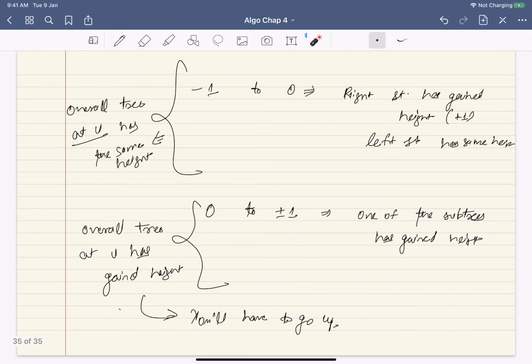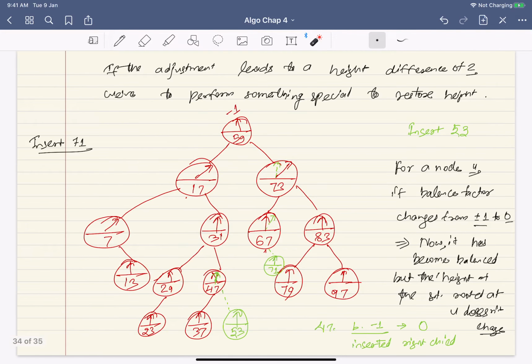As I have understood, if it goes from minus 1 to 0 or plus 1 to 0, then one of the subtrees has gained height, but overall the tree rooted at that node has not gained height. So that means this tree height remains the same. I don't have to go to the root.